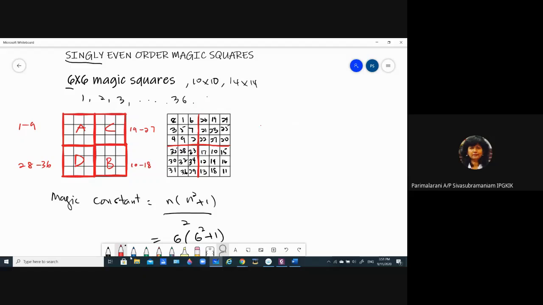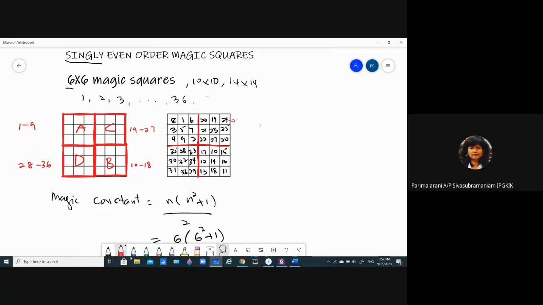The first row here, does it give you 111? How much is 15 plus 26 plus 19 plus 24? 84. Correct? This total is 84.